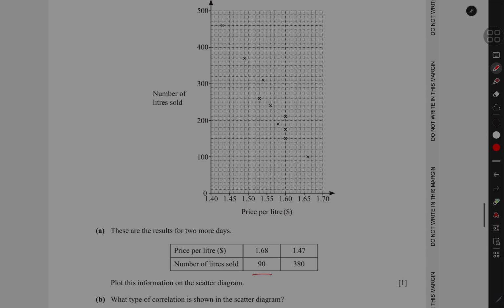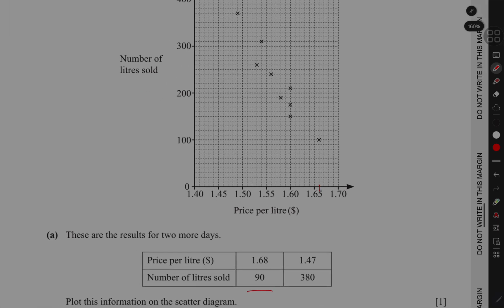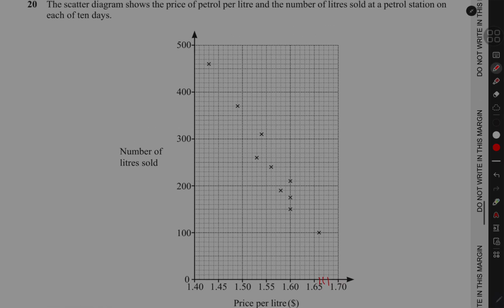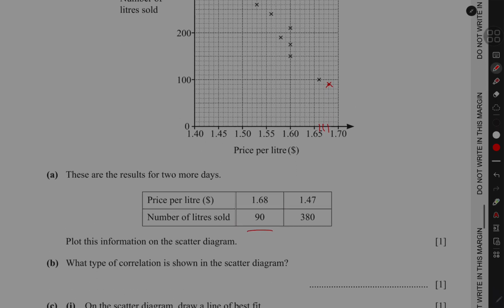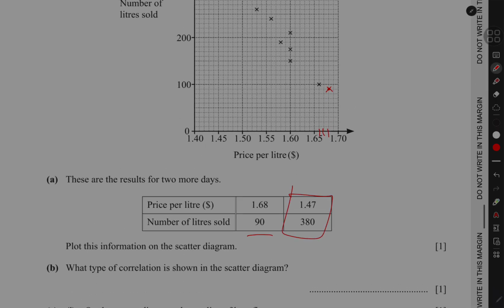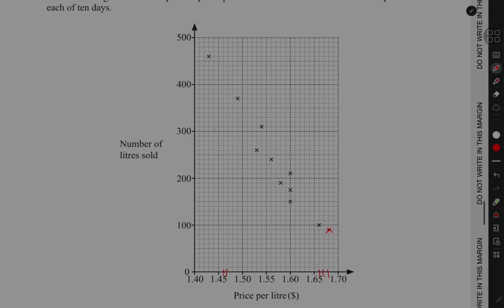So price per liter is 1.68, and 90, that's here. And 1.47, 380: 350, 360, 370, 380, 1.46, 1.47, so here.